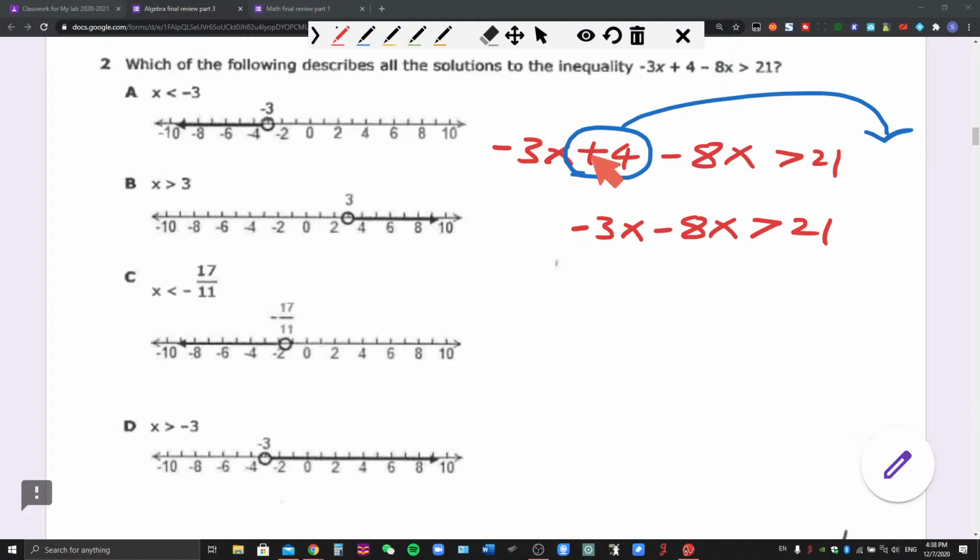After we move it, this will flip to a negative 4, and this side will be a 17. So the right side will be a 17. The left side, negative 3x, subtract 8x, that's going to be a negative 11x.